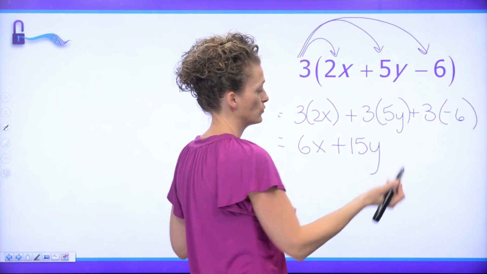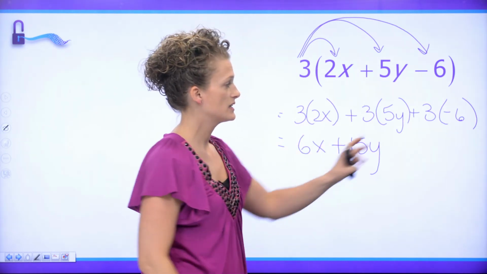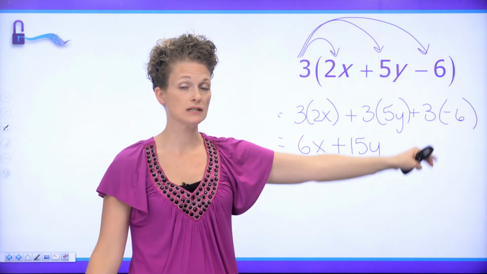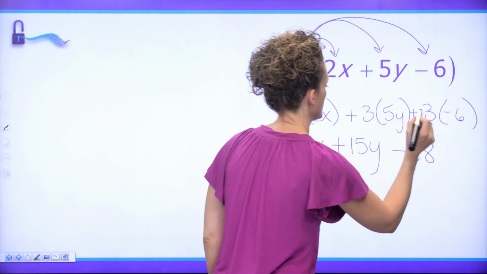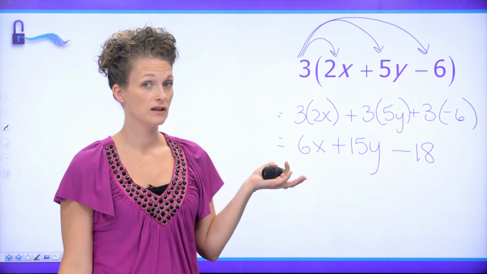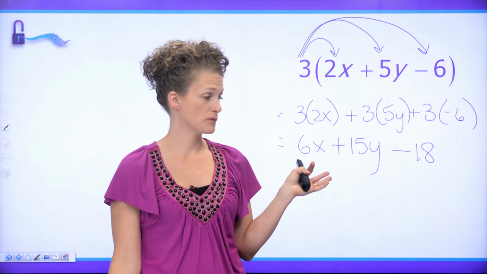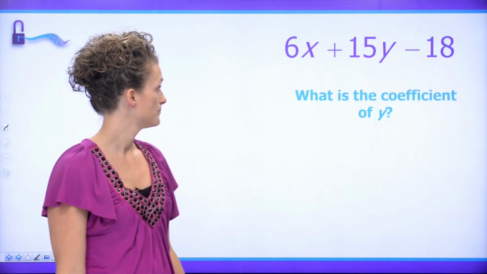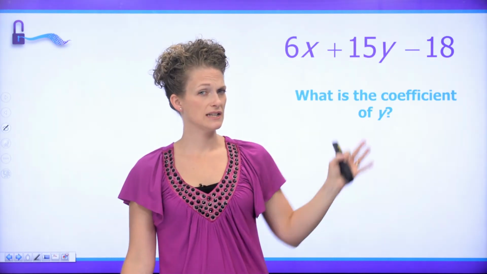And we don't know what y is, but we know it's multiplied. Last but not least, 3 times negative 6 is negative 18. This is as far as we can go at this point, and so this is our simplified expression. So we look at this and we have 6x plus 15y minus 18.